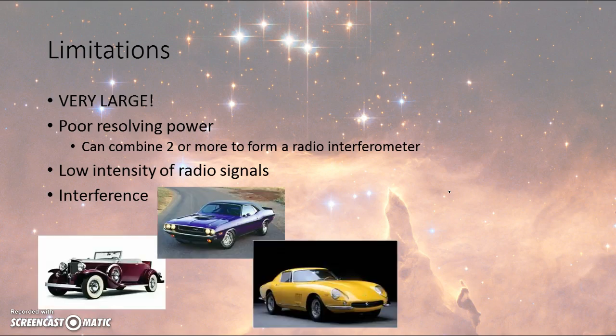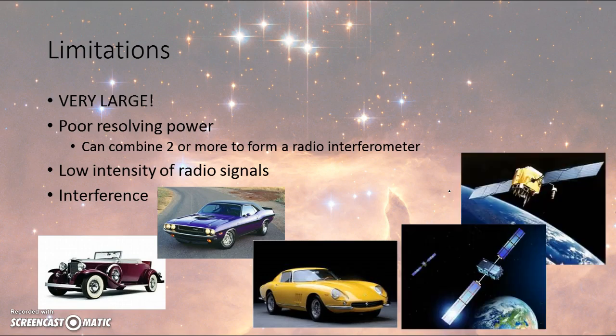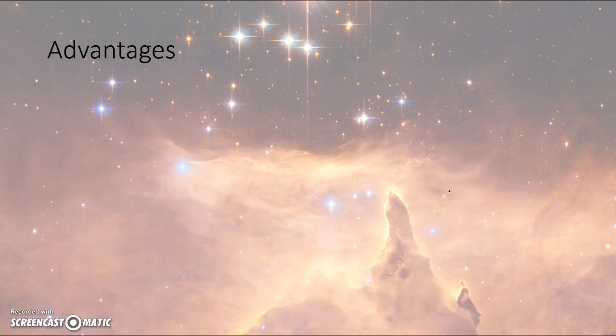So automobiles have interference when they have a faulty ignition system. The signal can bounce off and give interference. Another example would be the Earth satellites. Those Earth satellites, if they have poorly designed transmitters in them, they can give off the wrong signals and can be picked up by the telescopes.